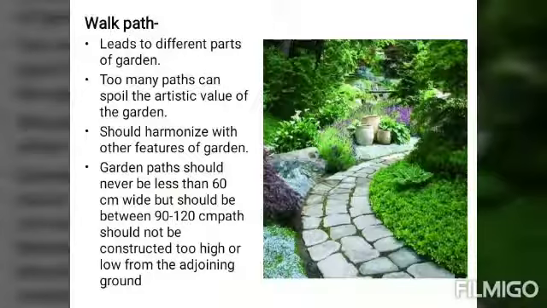I guess we have discussed it before in different types of garden, formal, informal, and once again we'll cover some important points. A walk path leads to different parts of the garden, and is mainly used by pedestrians.